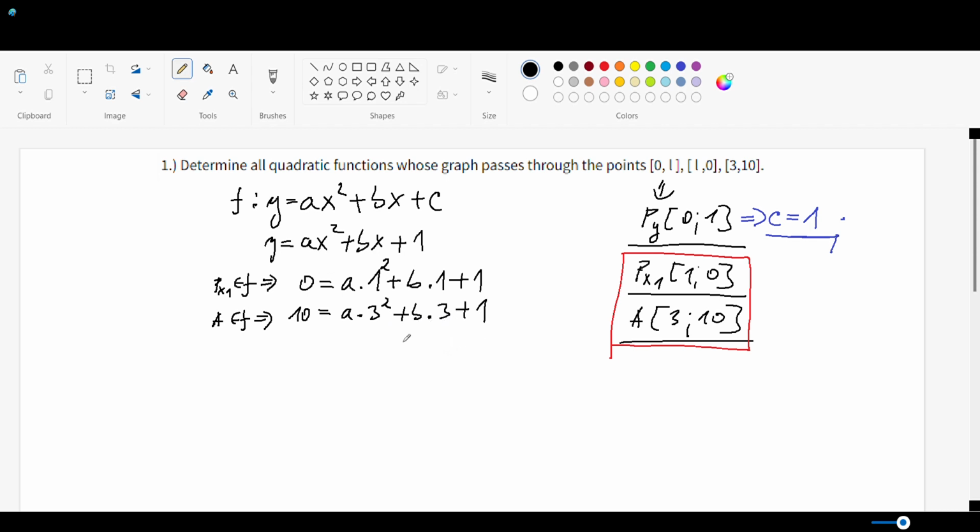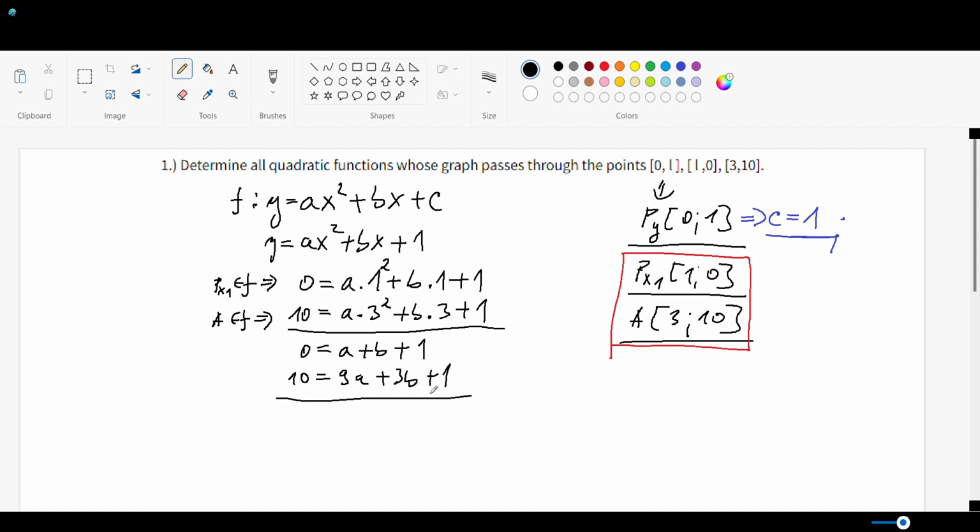So now we have two equations with two unknowns, and this is something we can solve very easily. So let me get rid of these numbers like 1 squared. The first equation is 0 is equal to a plus b plus 1, and the second equation is 10 is equal to 9a plus 3b plus 1.